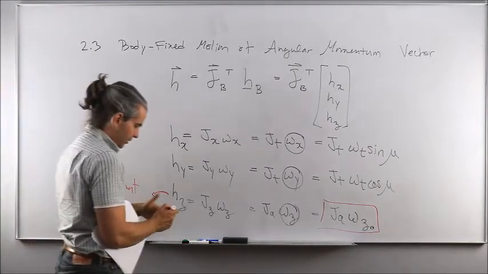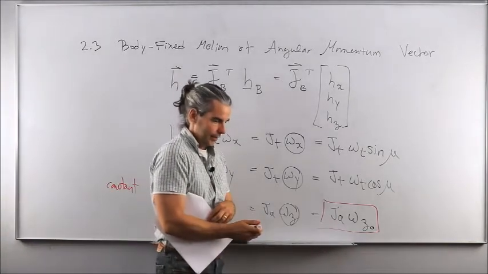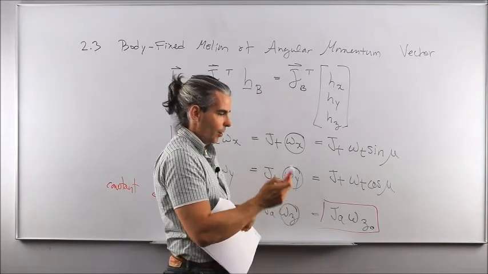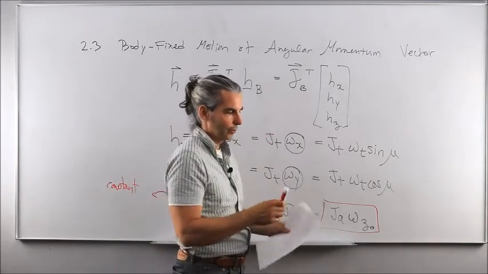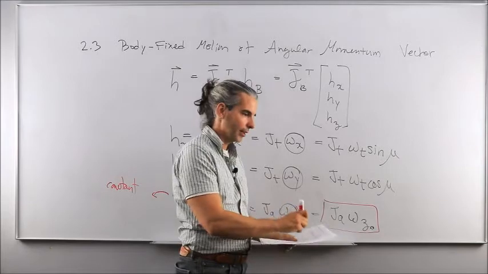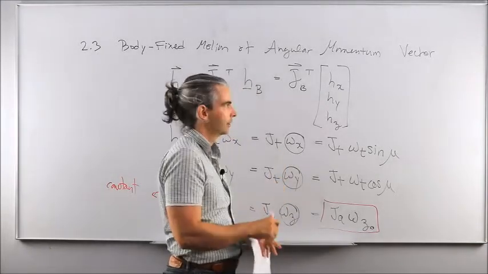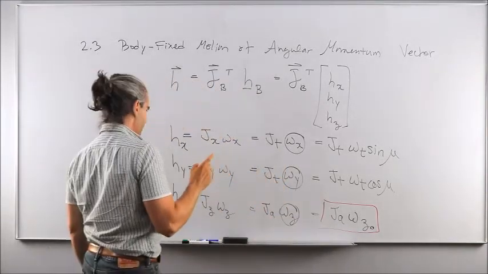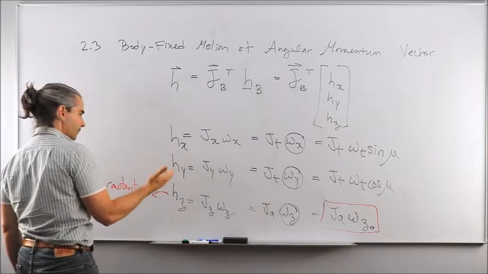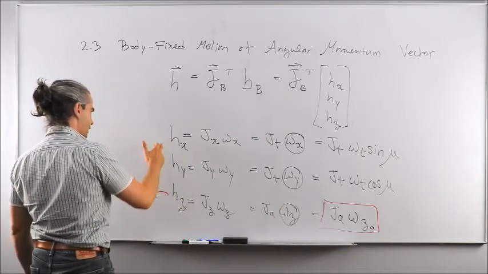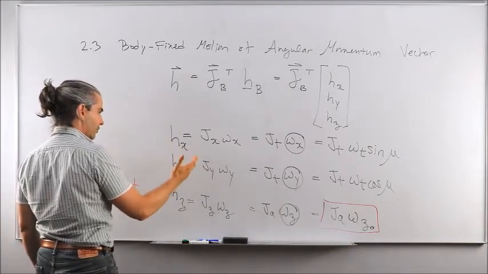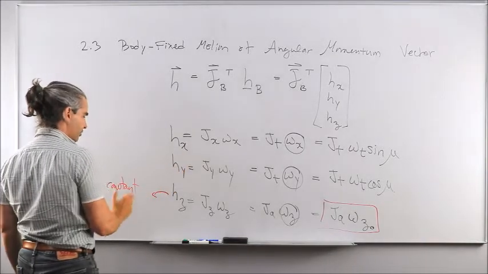Or in other words, both omega and h vectors aren't increasing their z magnitude as time goes by, right? And similarly to omega, we're going to get hx and hy that will vary with time, but not hz. All right?